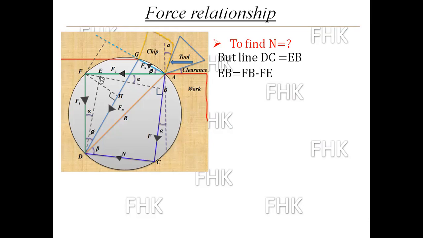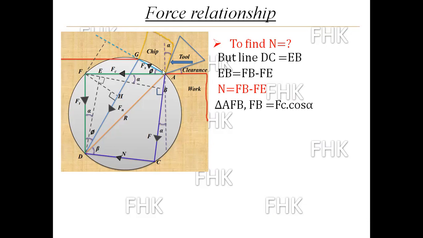So N, which is the normal force to F, will become EB, or FB minus FE. So let us start how to find out FE. For the triangle FE, I will consider the triangle FAB, which is a right angle triangle again.